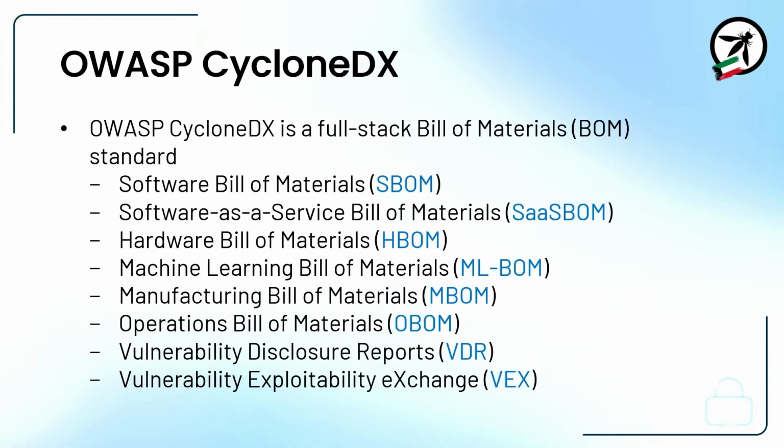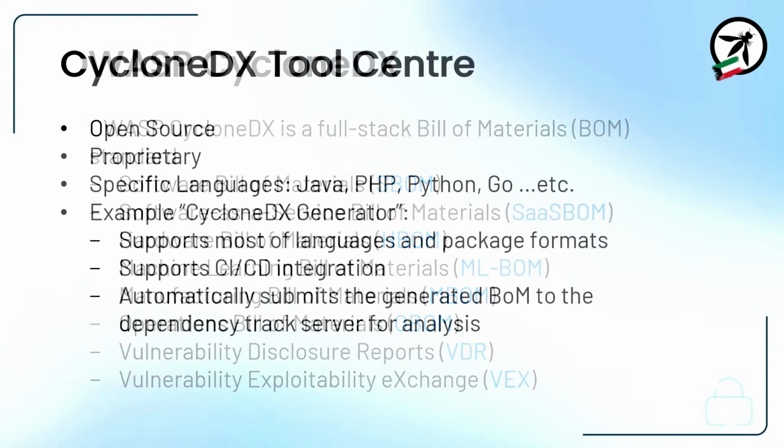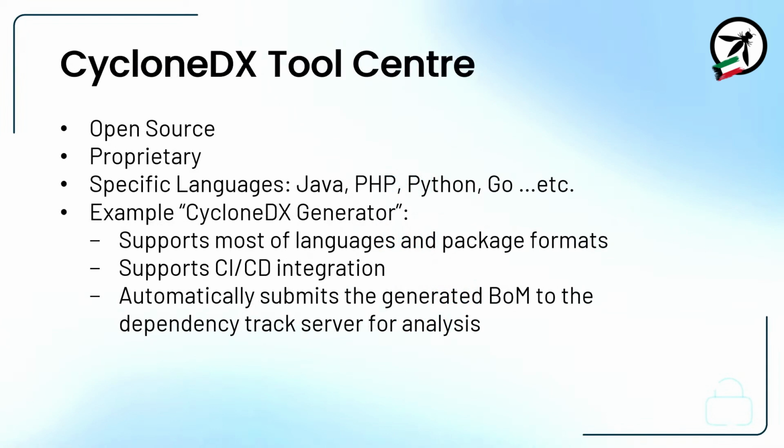The VEX, the vulnerability exploitability exchange, can be used to know which vulnerability is exploitable. A tool center can be found on the CycloneDX website. It contains a set of open source and commercial tools. CycloneDX generator is a good tool to start.